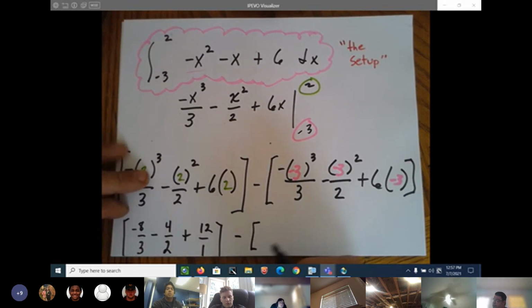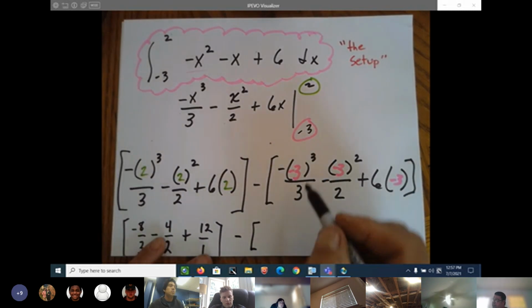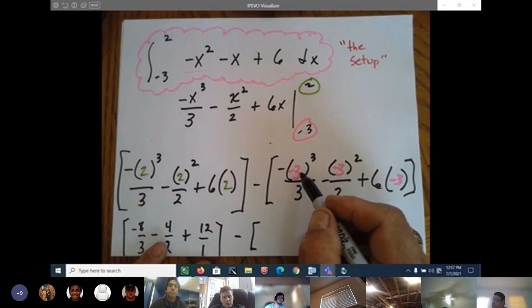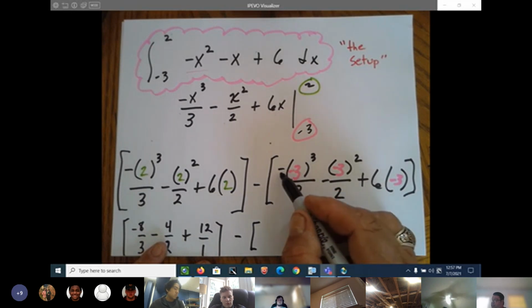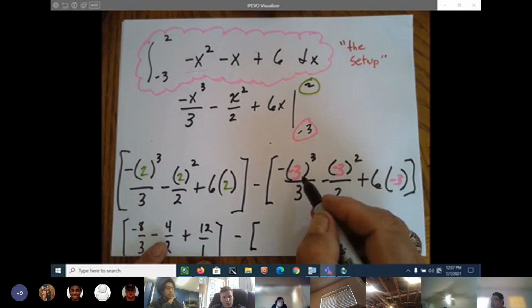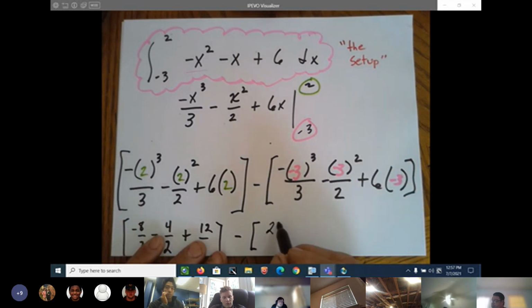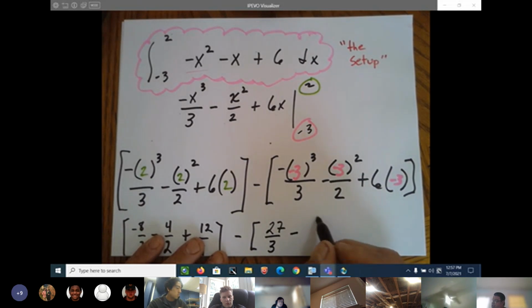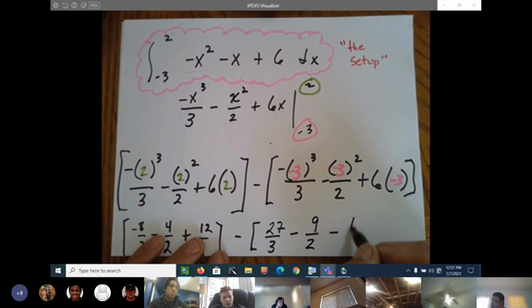Minus, well, that's negative 3 to the third power, which is negative what? 27, with a negative in front of it would be positive 27, minus 9/2, minus 18/1.